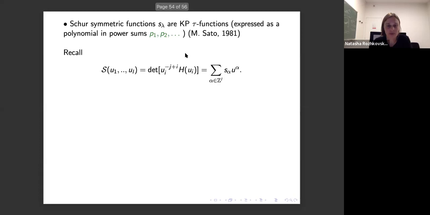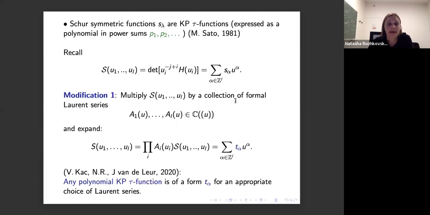And now I'm going to tell how to describe all polynomial tau functions. There are two ways to do this, and both are related to generating functions. We're going to modify the generating function for Schur symmetric functions, which we wrote down a few slides ago. If we expand it and look at the coefficients, when lambda is a partition, this is going to be a Schur symmetric function. Let us do the following modification.